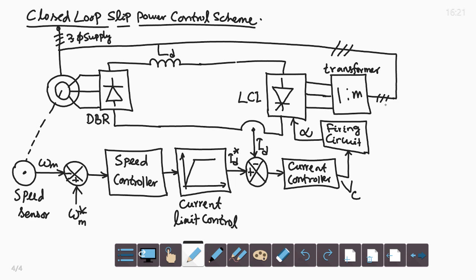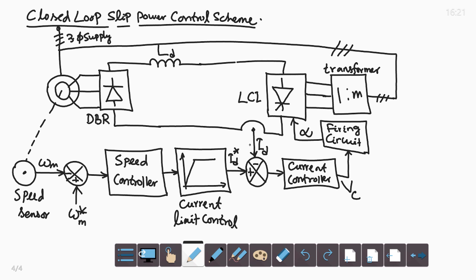As indicated, the speed controller output goes through a current limit control, which decides the maximum value of the DC link current, and that is also the reference DC link current. The actual DC link current is compared, and the error goes to a current controller, which generates the control voltage Vc to control the alpha of the firing inverter in closed loop control.